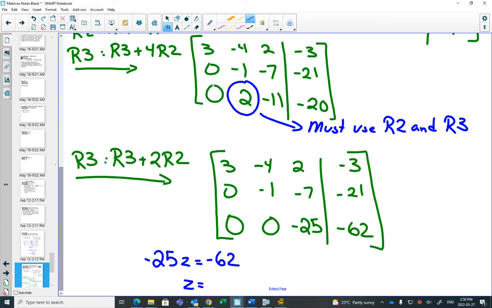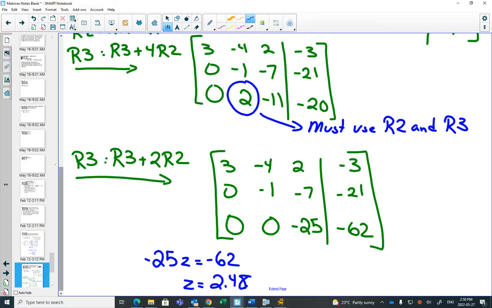Yep. Wow. Just wait, I wasn't done. It was half of an 8. Half of an 8. 2.48. And that matches up with the answer we got with our calculator.